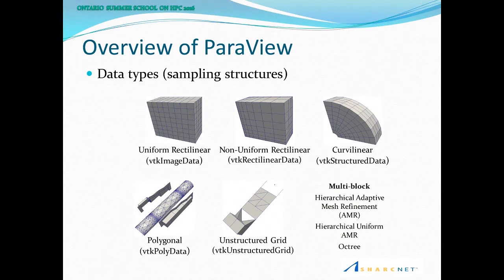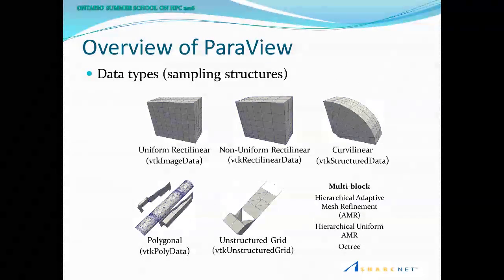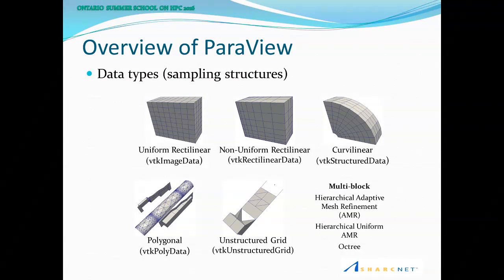In this case, if the grid is uniformly aligned, we call it a uniform rectilinear grid. But you can determine the topology and the structure of the sample points in another way.